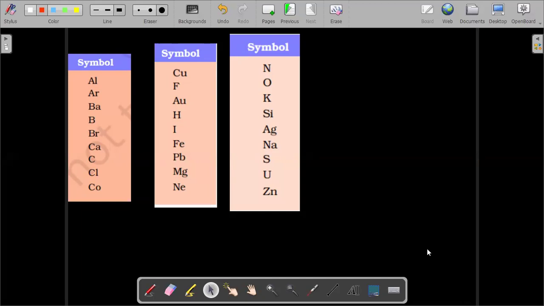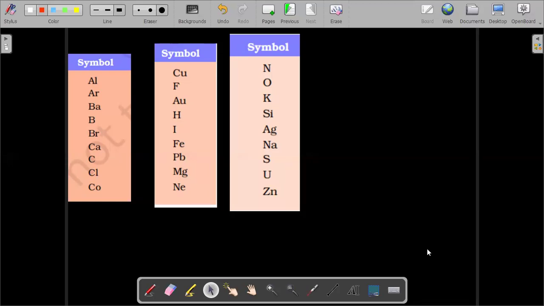Aluminium, argon. So what is C? C is carbon. Carbon, boron, bromine. After carbon, is it calcium? Or read after carbon.